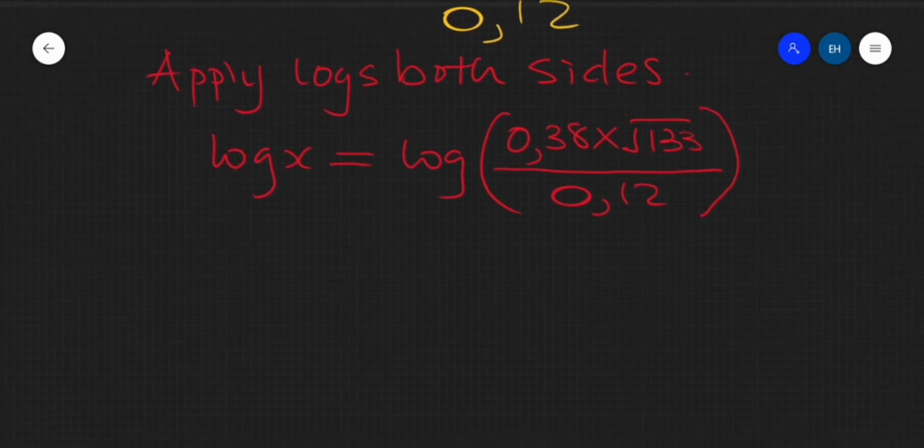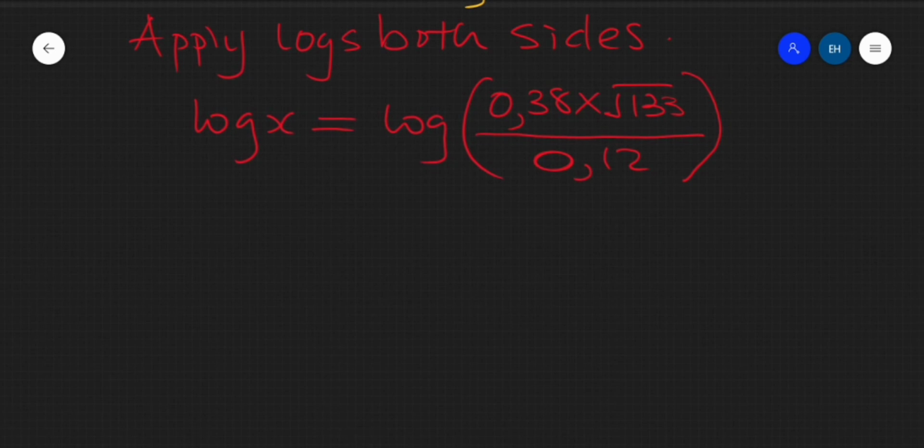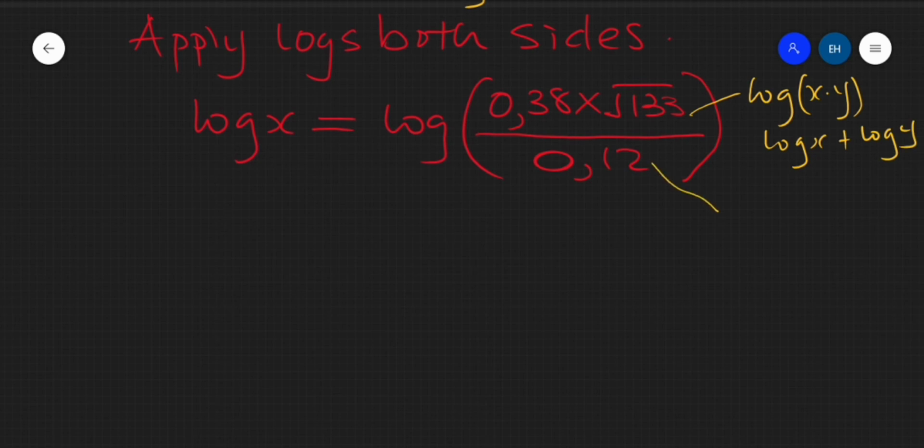So we apply our laws now. Okay, you remember from this law where the numbers are multiplying, that we add the logs, log x plus log y, like that. Then this one is dividing, is same as log x over y, so we subtract when it is like this. Log x minus log y. That's what we do.